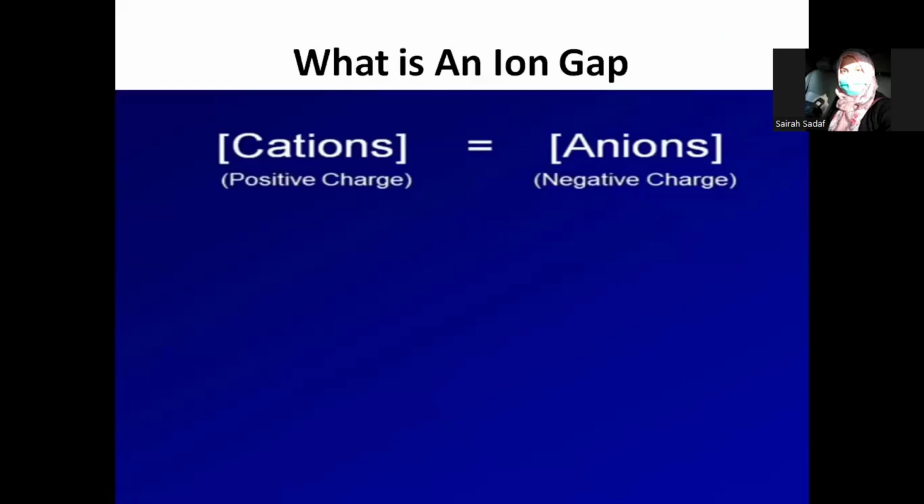Now, about the anion gap. What is anion gap? There are different types of electrolytes and ions in our body, mostly the positive charge, and then there is the negative charge. Positive charge is known as cations, and negative charge is known as anions.